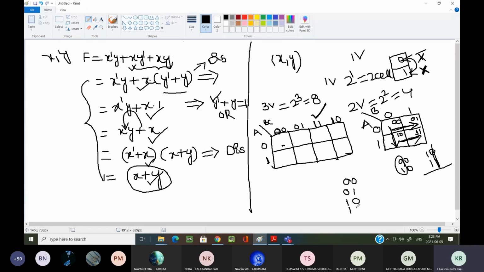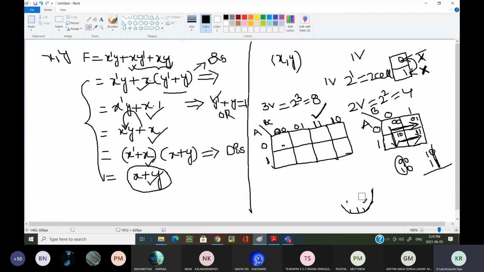But I have not written in the same order here, because to satisfy the condition that every two adjacent cells differ by one value, you have to write in this manner, then only you can achieve that property. Okay, we are going to see, don't worry. That is the reason why she has asked that doubt.